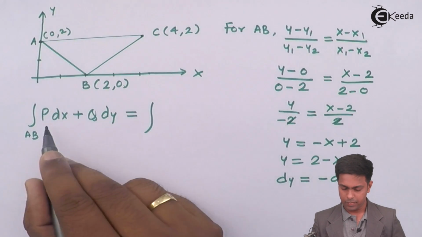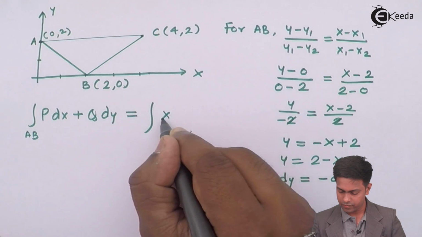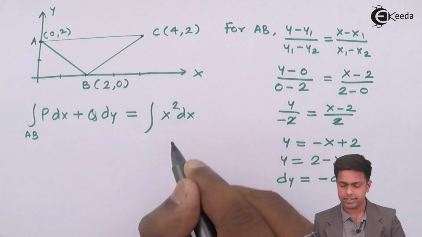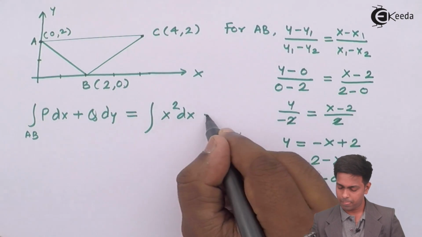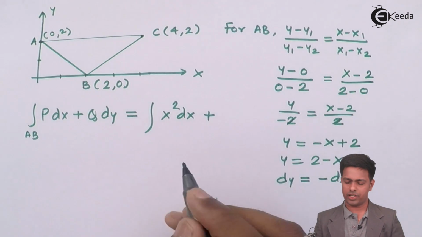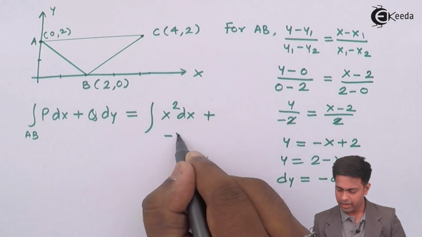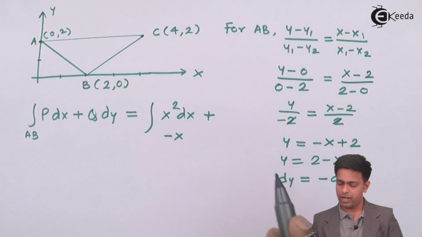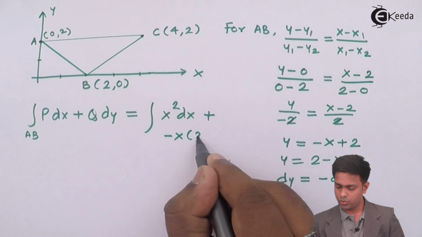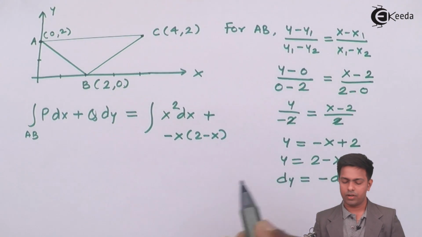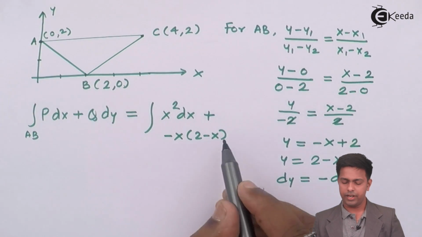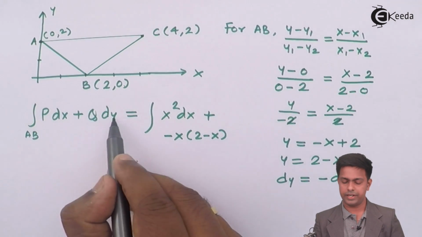So P is x square into dx plus, now Q is negative xy, so I'll say negative x into y, but the value of y is 2 minus x, which we got along AB, into dy.